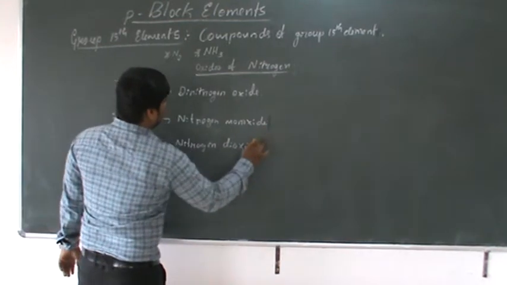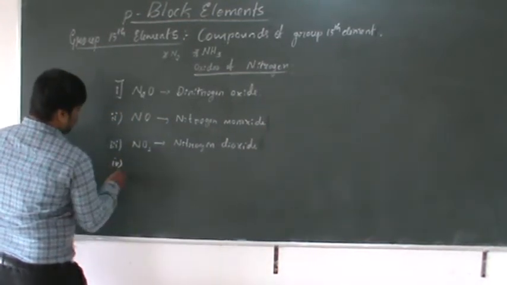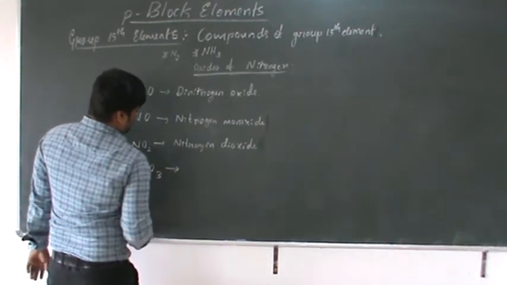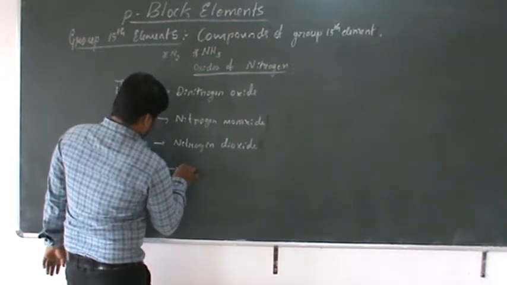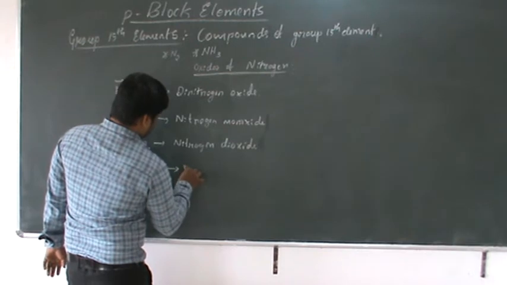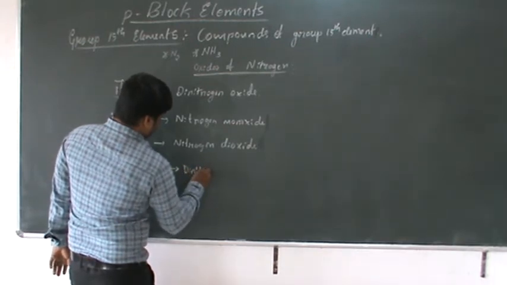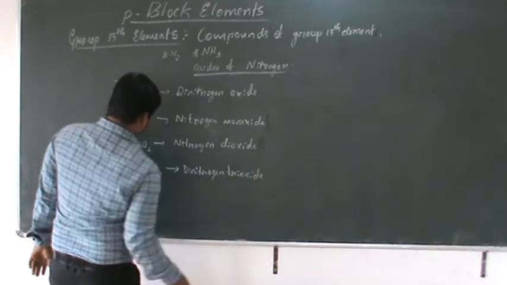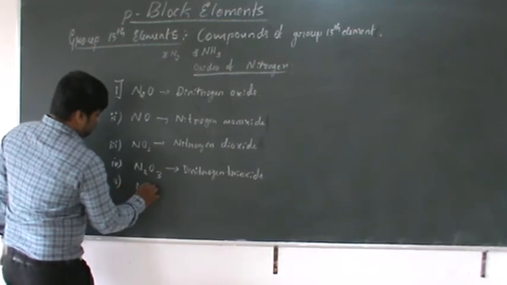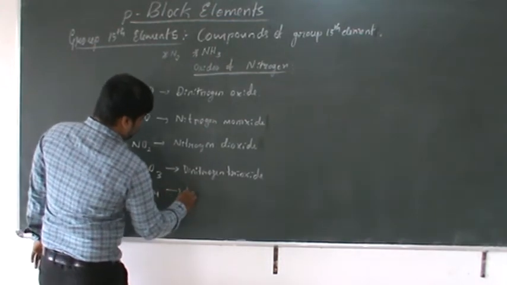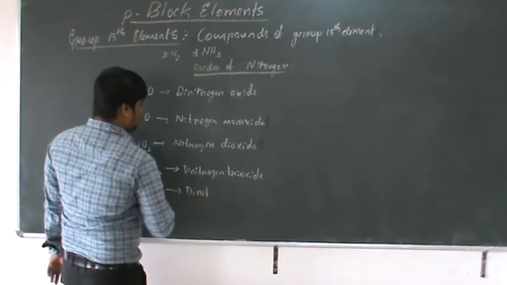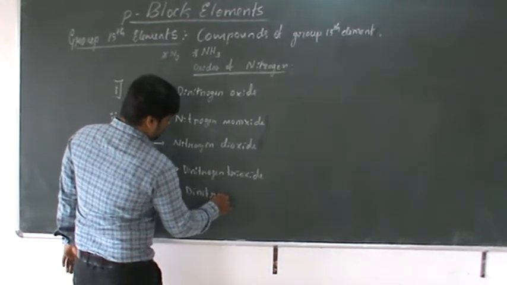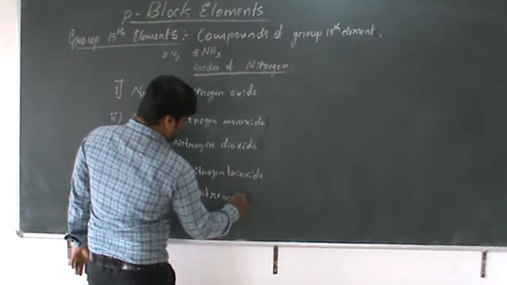Next is N2O3, dinitrogen trioxide. Next is N2O4, dinitrogen tetroxide, commonly called nitrogen tetroxide.